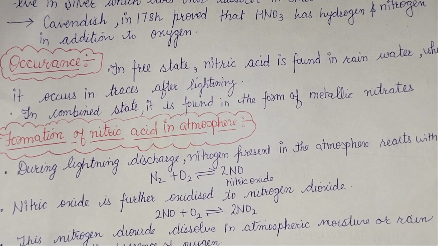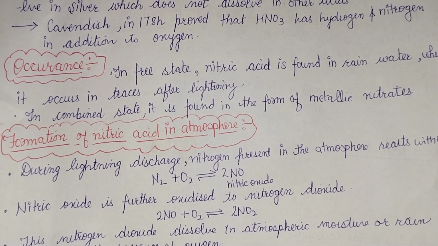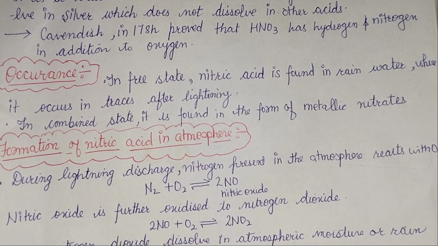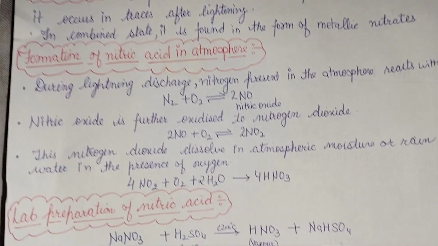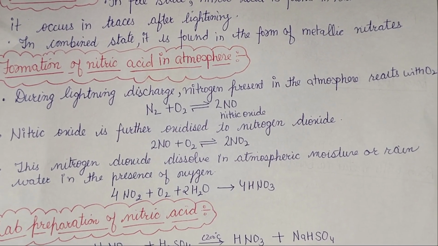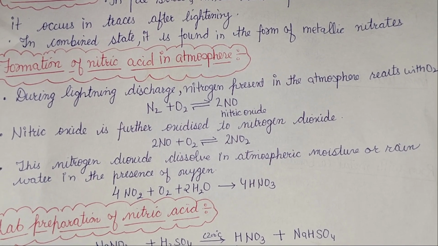Now come to its occurrence. In free state, nitric acid is found in rainwater, and in combined state it is found in the form of metallic nitrates. Then the formation of nitric acid in the atmosphere: the nitrogen present in our atmosphere reacts with oxygen to form nitric oxide.